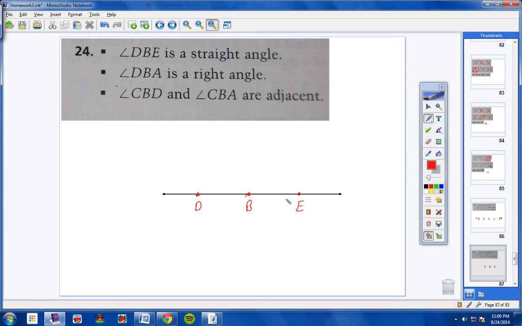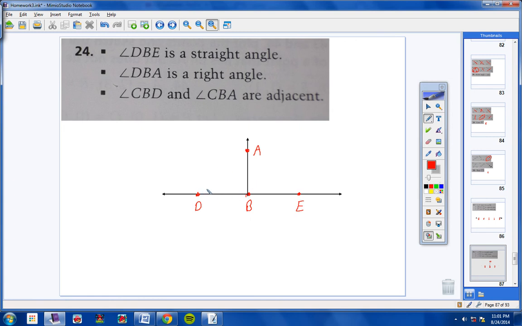But angle DBE is a straight angle. DBA is a right angle, so we have to have a line going straight up like this. And we'll put an A right here. And there we go. Angle DBA is a right angle. And then we want CBD and CBA to be adjacent. So let's think about this for a second.